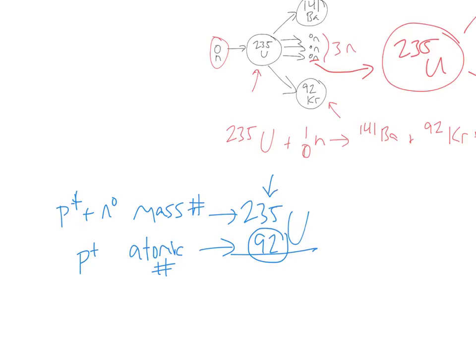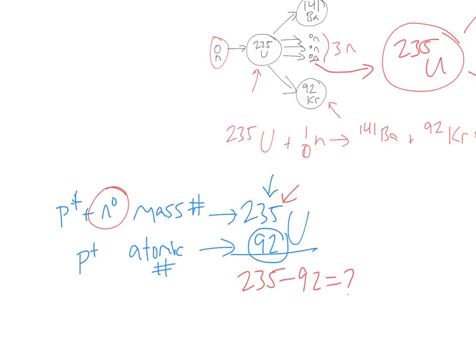However, this number up top can change, based on whatever the mass of the isotope is. Now, finding the number of neutrons, you just subtract 235 minus 92 in order to figure out what that number would be.